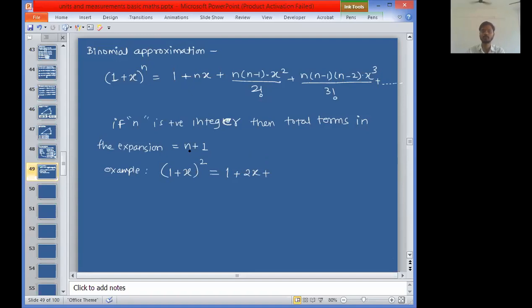Only 3 terms we have to write because n is 2. So n plus 1 terms will be there: first term, second term, third term.